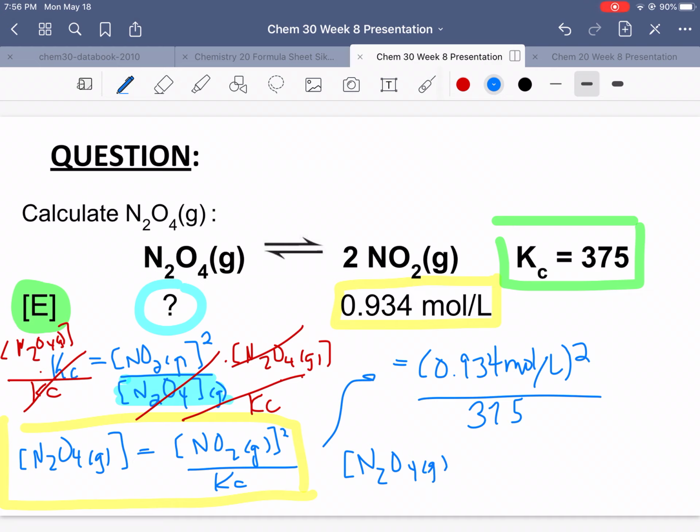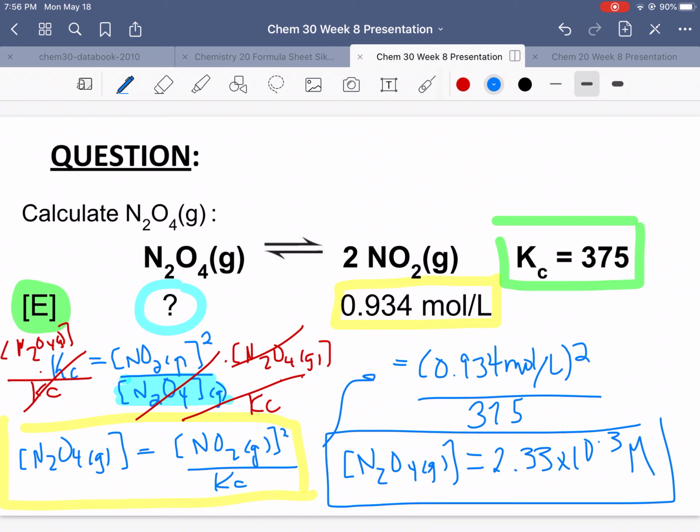N2O4 gas is therefore equal to, concentration wise, 2.33 times 10 to the negative 3 moles per liter. And there you have it. So a super useful tool, being able to have that equilibrium law and the equilibrium constant to figure out concentrations of different entities within the context of a balanced chemical reaction.